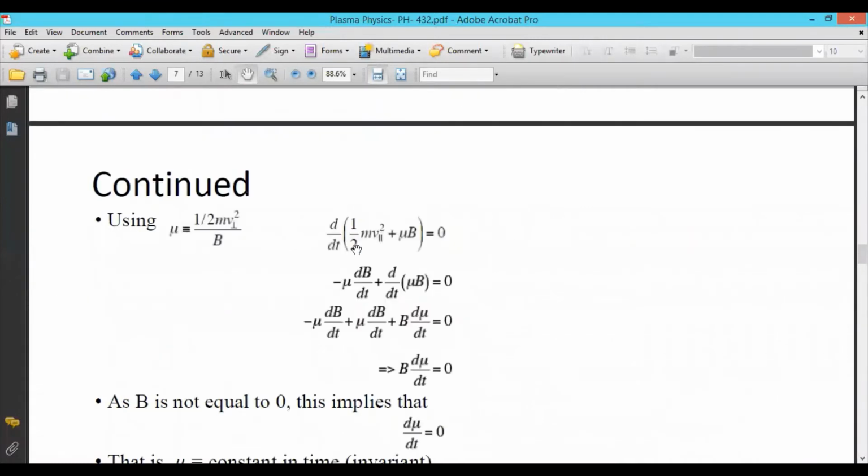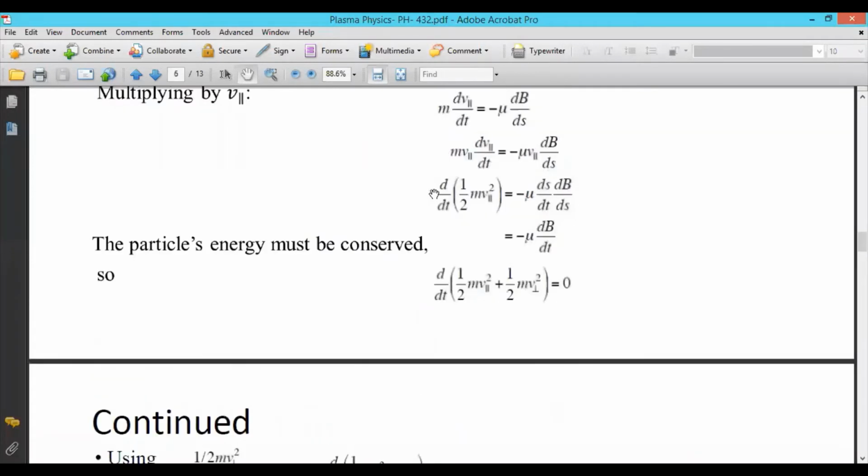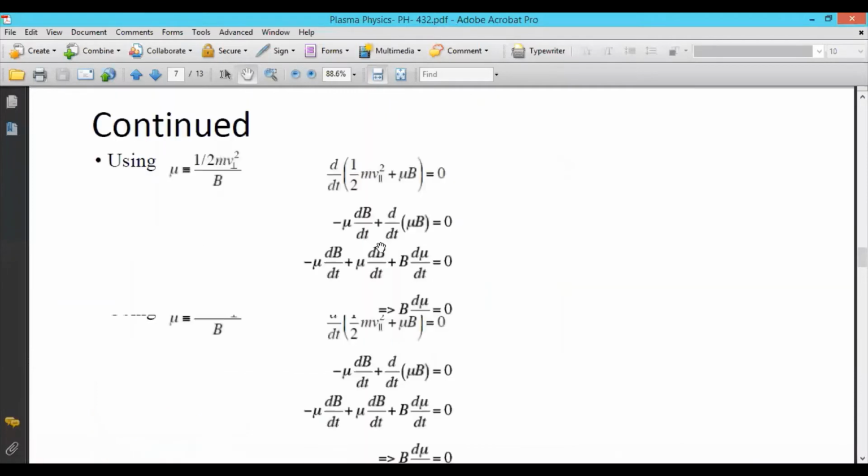So we can write d by dt of half m v parallel squared plus mu B equals 0, or minus mu dB by dt plus d by dt of mu B equals 0. This mu dB by dt comes from the equation d by dt of half m v parallel squared equals minus mu dB by dt.